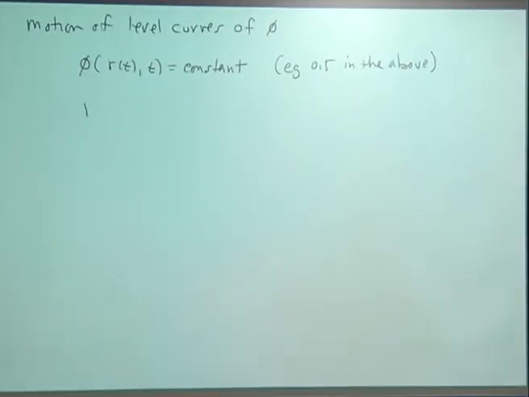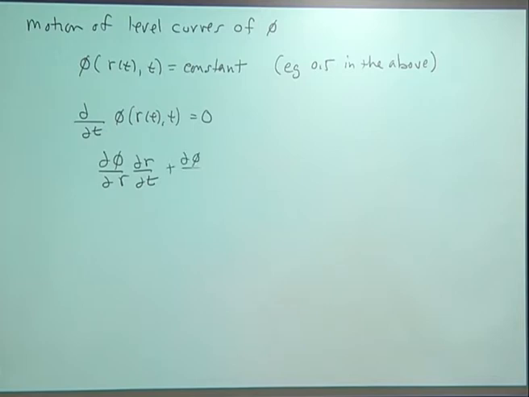And so if you take the derivative of this, equals 0, you can write this as zero, which implies that, with respect to t.